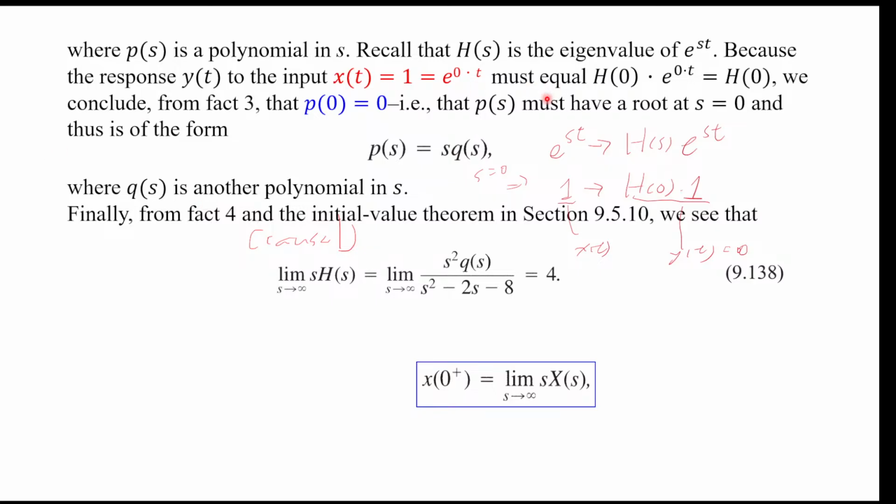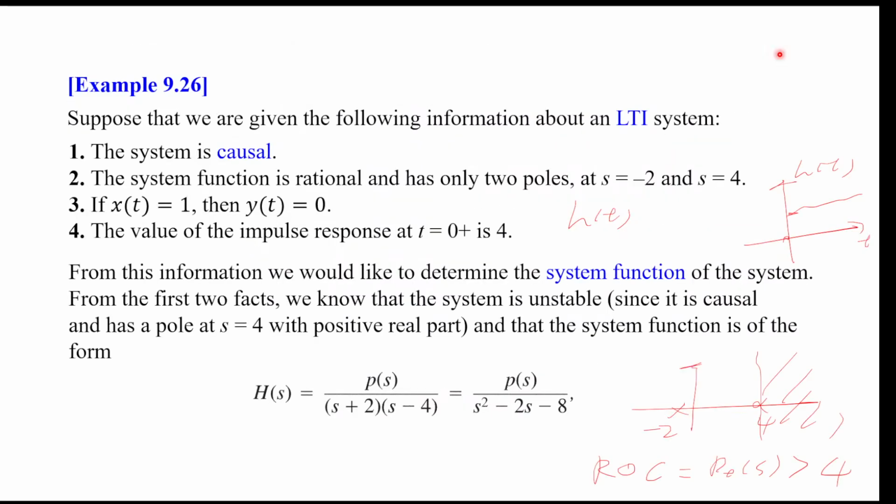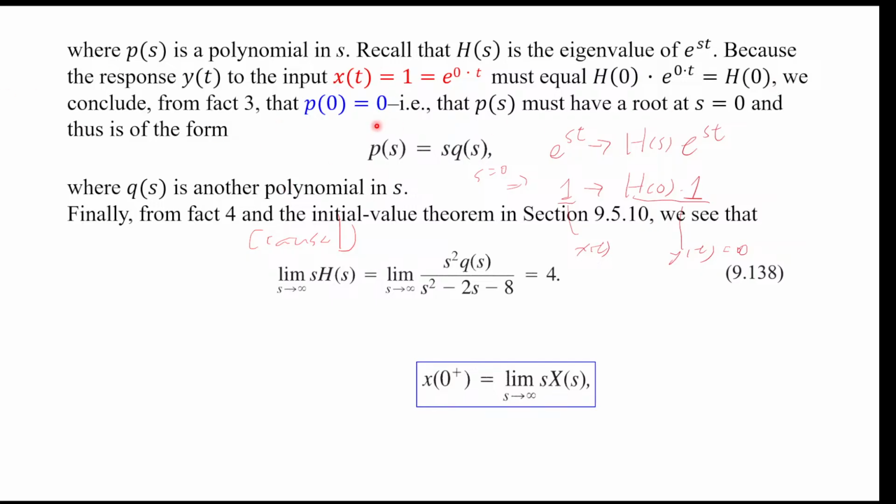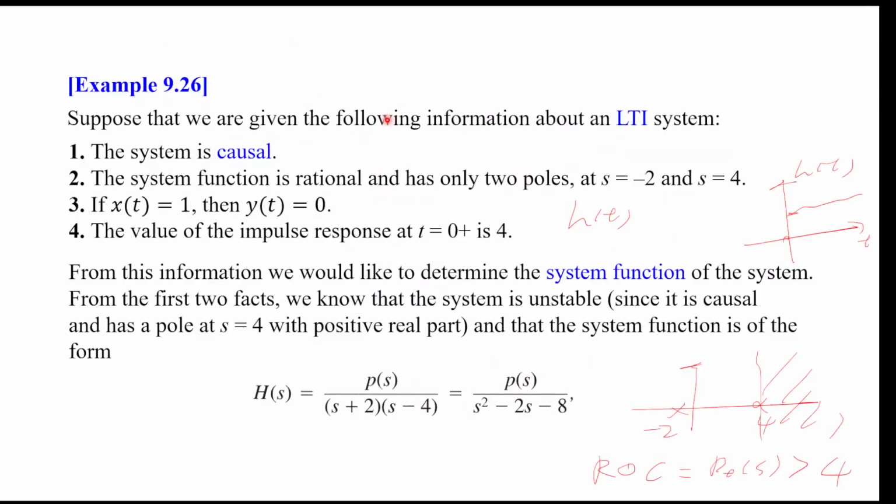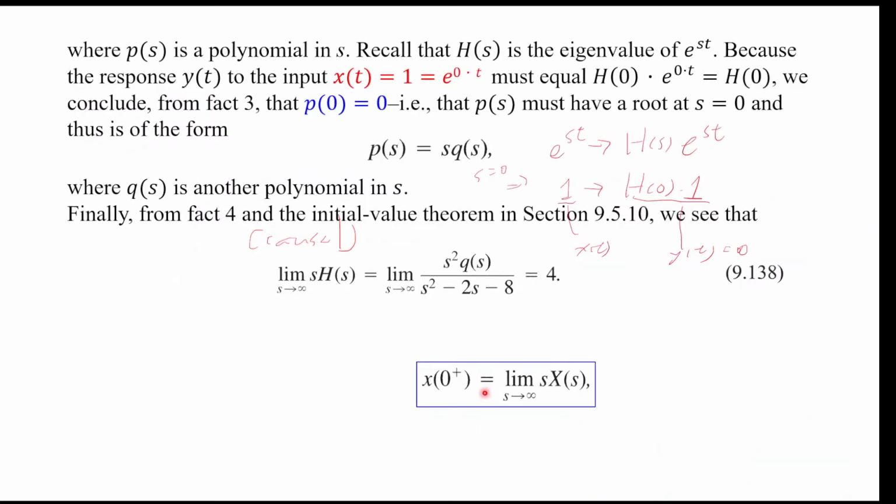Then y of t equals H of 0 times x of t, and since x of t is just 1, y of t is just H of 0. But y of t is also equal to 0, so we know H of 0 equals 0. That means P of 0 equals 0, and the denominator is not 0 there, which is good.